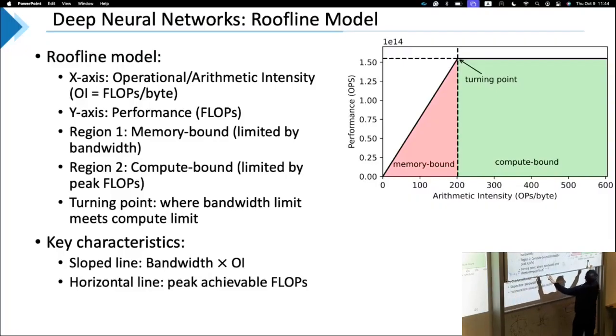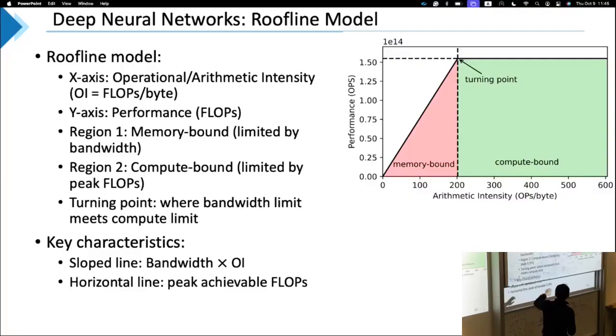The x-axis is what we call algorithmic intensity, which is measured by the number of operations per byte. We will use an example introduced later to explain how to get this algorithmic intensity, or operational intensity. And the y-axis is the performance, which means the floating point operations per second.